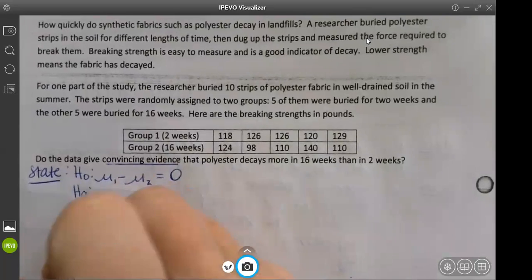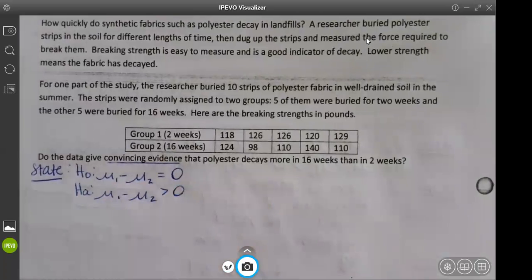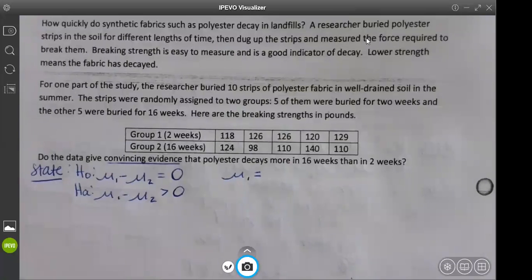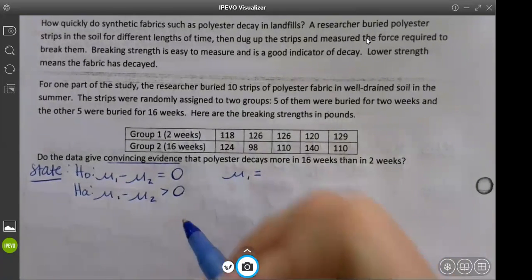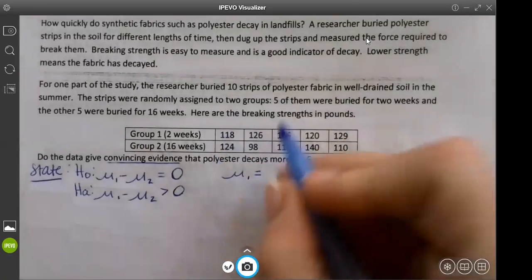What way? What are we going to do? What is mu1? Yeah, it's going to be your 2 weeks, your group 1.